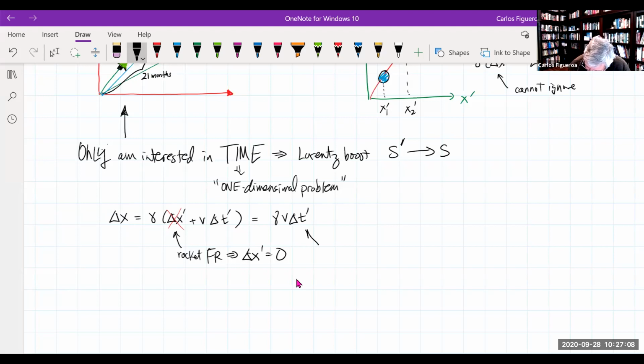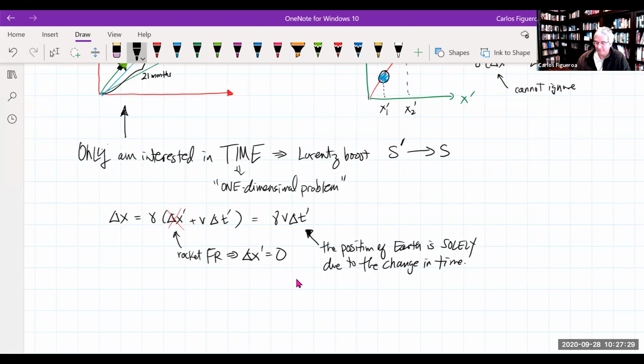So this is telling me that the position of earth is solely due to the change in time, which I think is very counterintuitive. But that's because space-time is a mixture of space and time simultaneously. You cannot rip them apart.